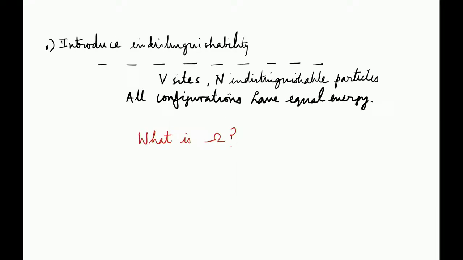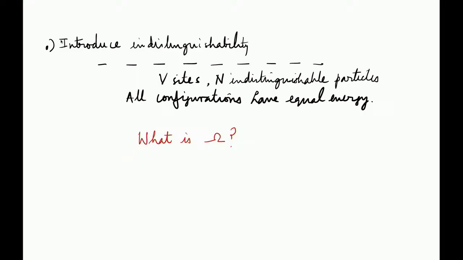Next one. Those particles were distinguishable. Now let me introduce some indistinguishability. So I have 1, 2, 3 up to V sites and n particles, but they are now indistinguishable. I cannot distinguish between two particles, and I give you all configurations of equal energy. There is no interaction, but they are indistinguishable. What is omega for this?